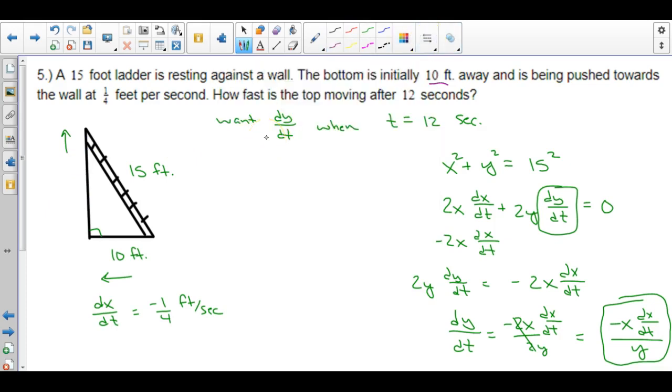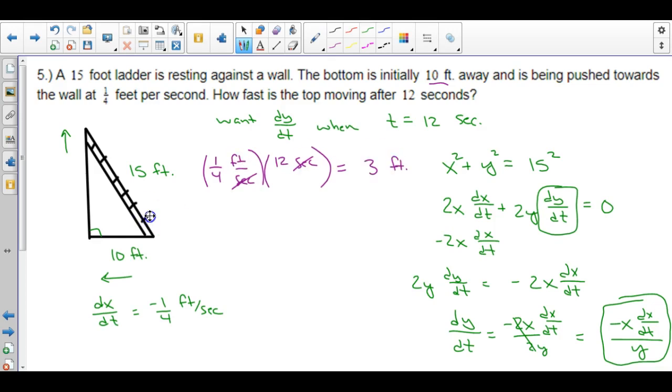So the first one that I'm going to figure out is how much the ladder has actually moved in from the wall. So how much this 10 feet has changed after 12 seconds. Well, if we have moved 1/4 of a foot per second, after 12 seconds I can multiply these quantities together, and that's going to tell me how many feet we've moved, and that is 3 feet.